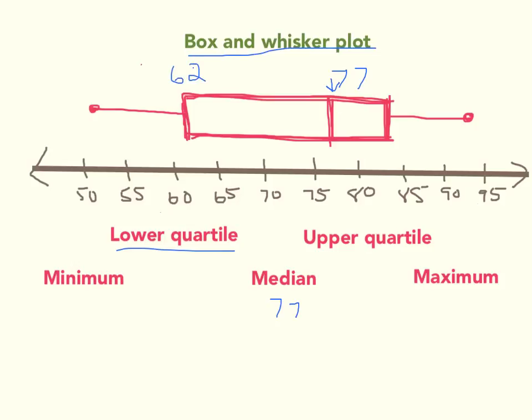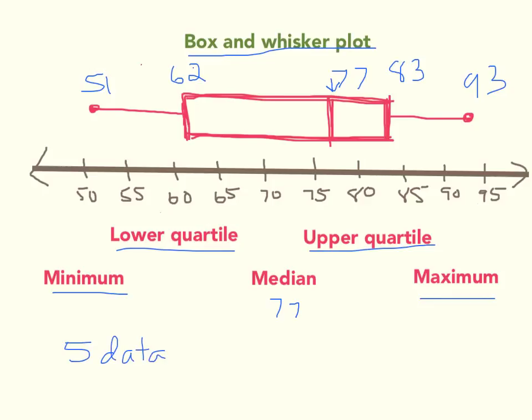And I drew a line there. Then I found the upper quartile, or the median of the upper half of my data, and that was at 83. I do need to graph my minimum amount, 51, and also my maximum amount, 93. There are 5 data points that you need in order to graph a box and whisker plot.